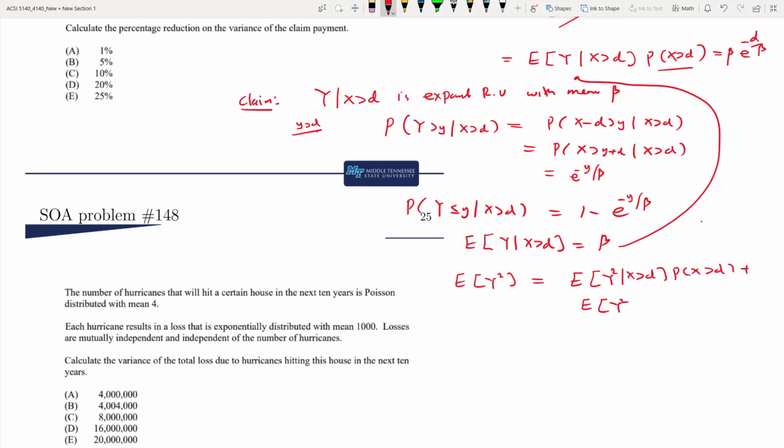We write the same thing again, but this time it's for the second moment. And this is 0. So we end up with this one. And we know that y is exponential.